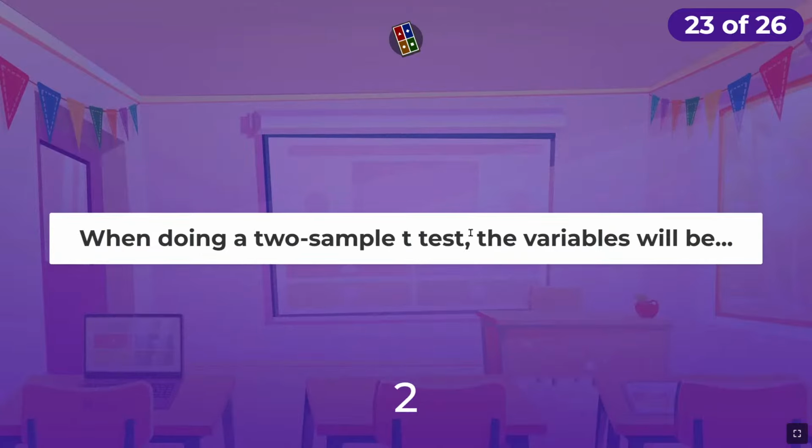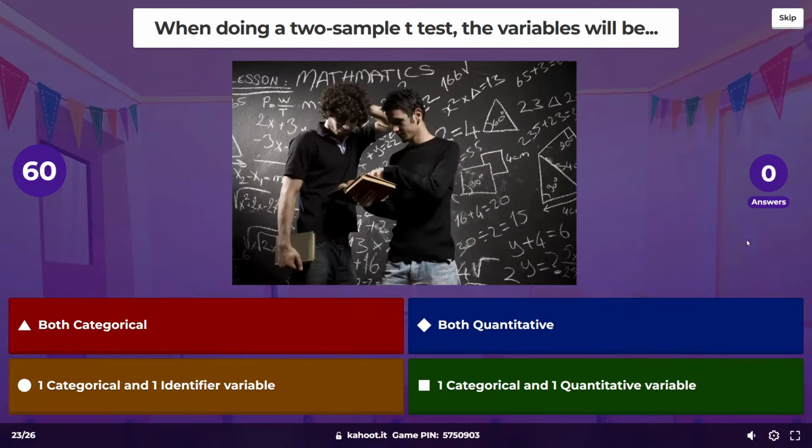When doing a 2-sample t-test, the variables will be what? Big review question here.